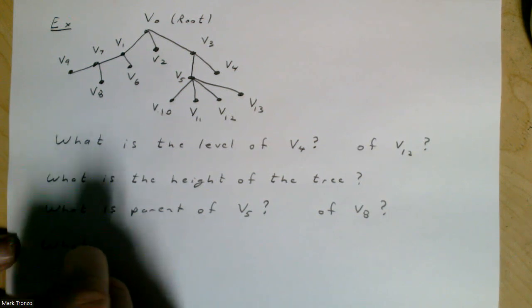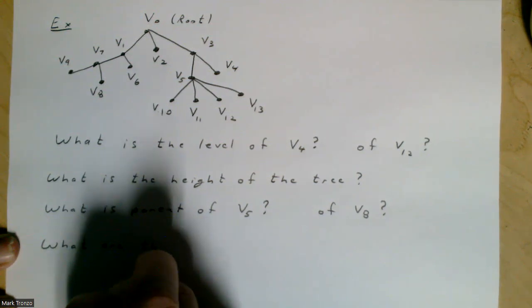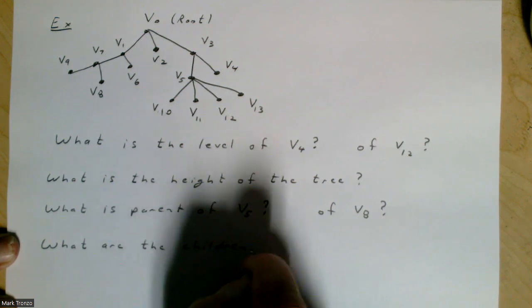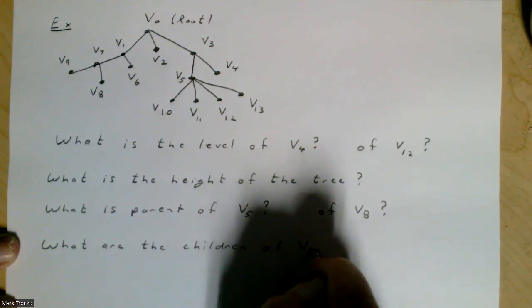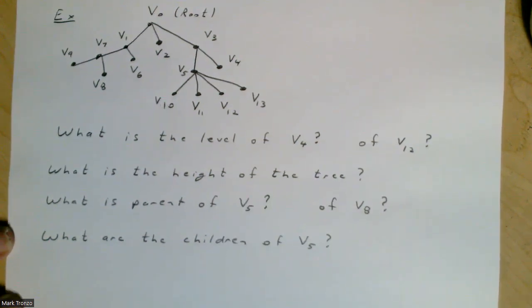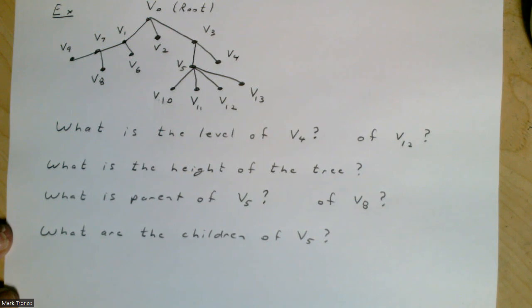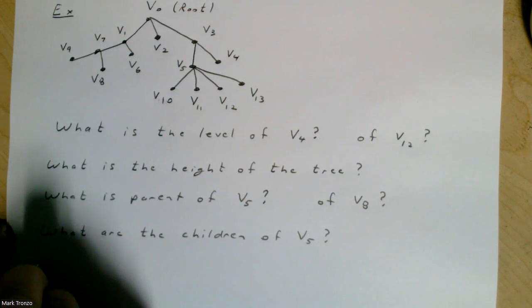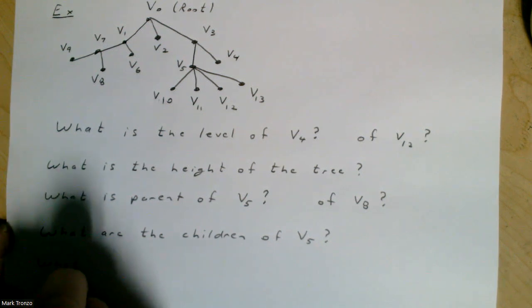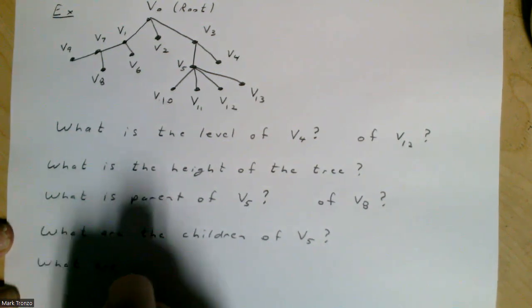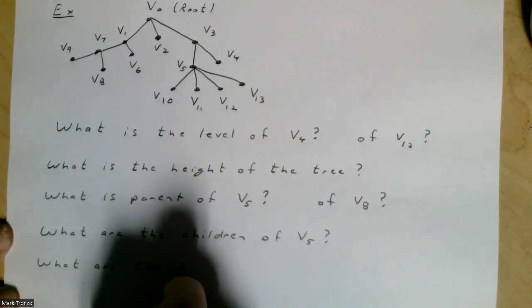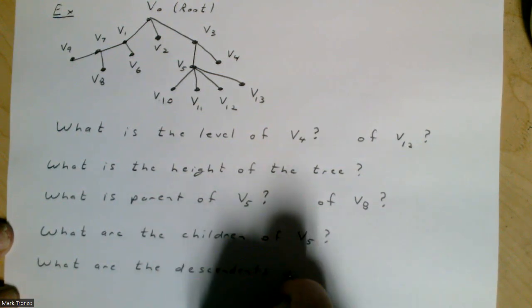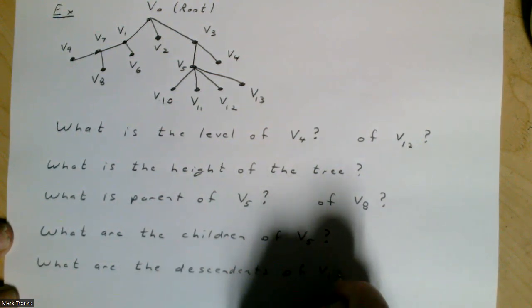What are the children of V5? What are the descendants of V1?